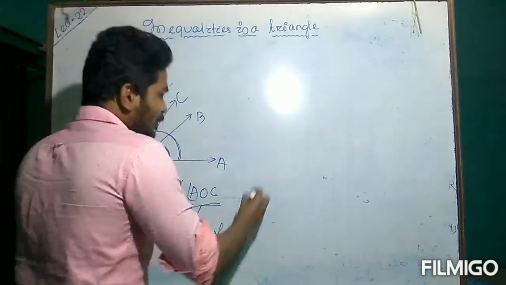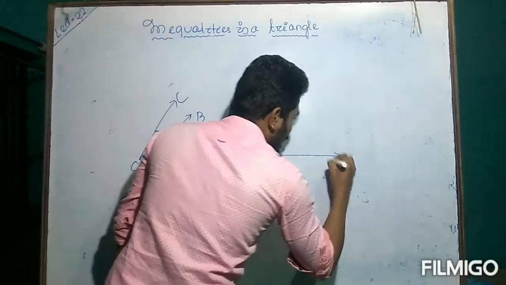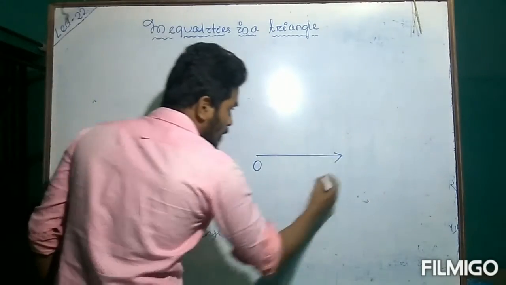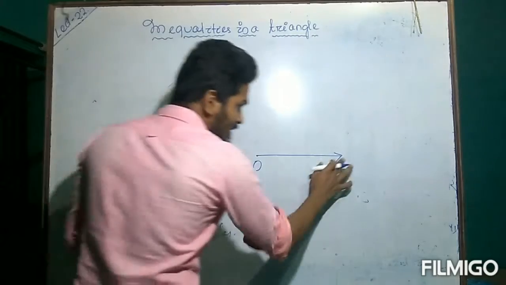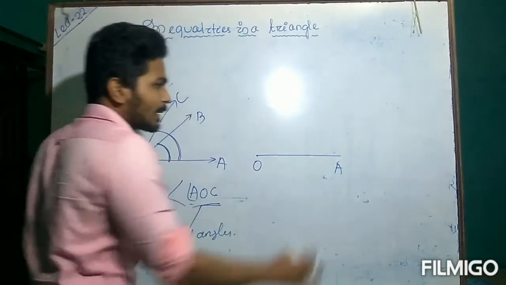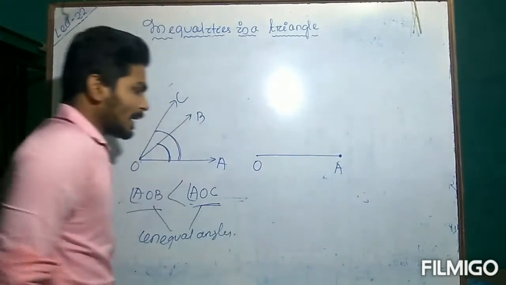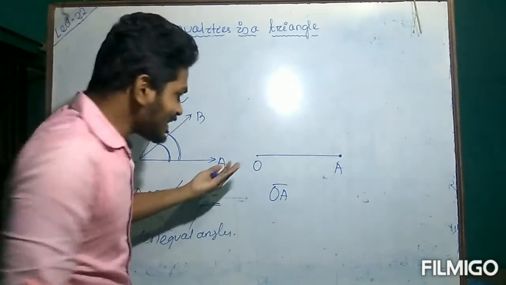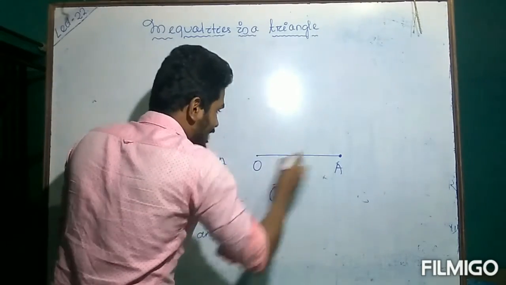Next, suppose I have drawn a ray here, OA, or you can draw a line segment, no problem at all. Then another line segment is drawn over this line segment.